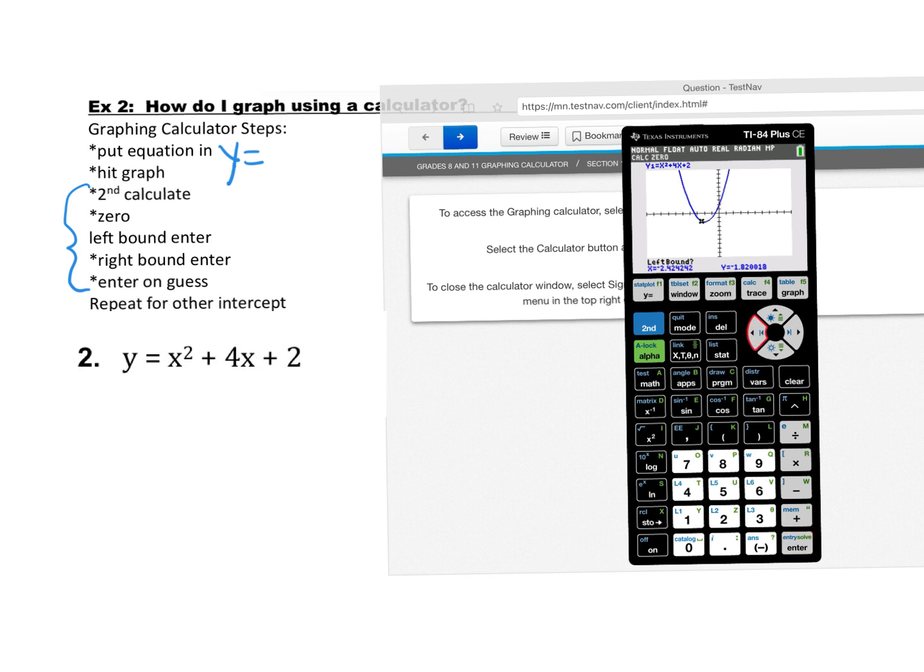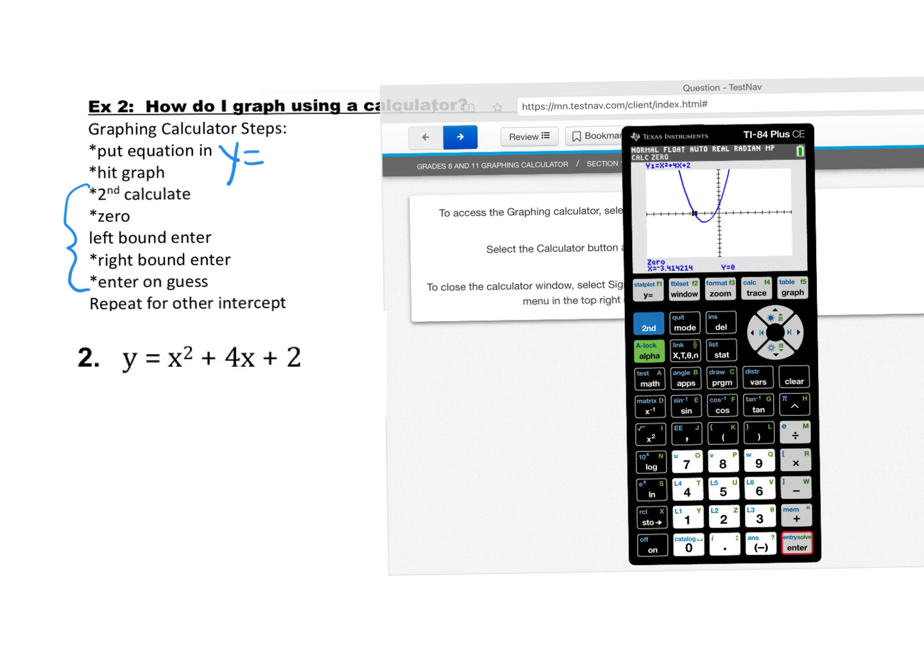And remember, the left bound for that first one, it's like if you turned your calculator, it would then be on the left of the x-axis. And so we're going to press enter. Now we're going to go to the right of it, press enter. And then where it says to guess, we'll press enter again.